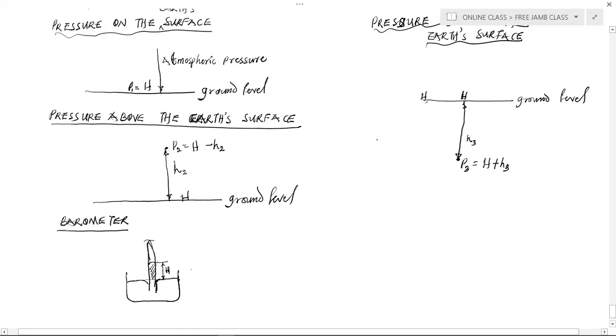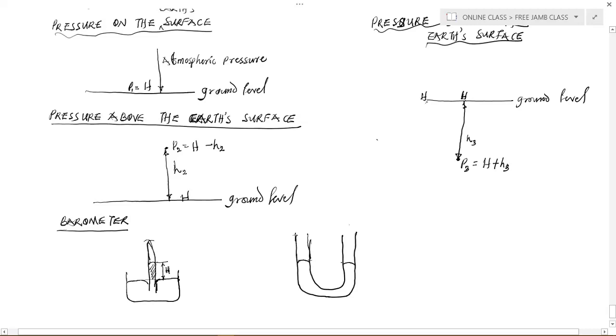Now, what happens if you have a U-tube, a tube in the form of U, like this? When you pour mercury in and the mercury flows to this side, they will settle at the same level.